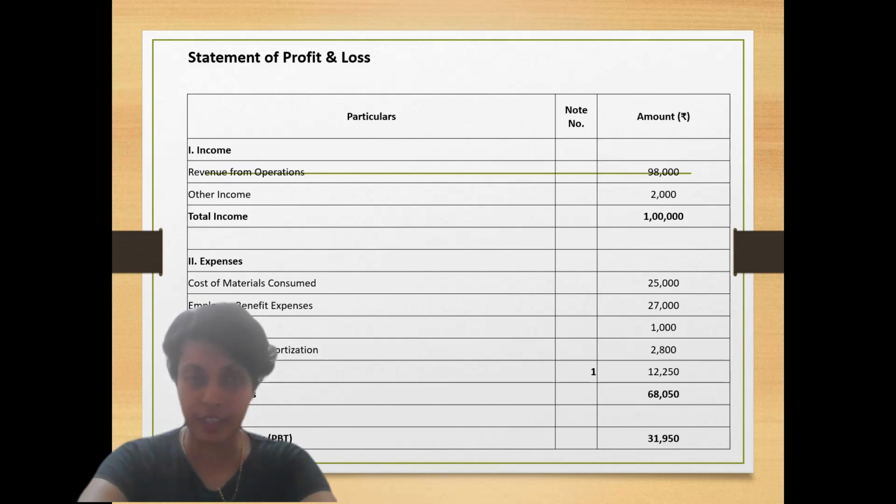When we had only one income that we included, then we got the total income. From the total income, all other expenses under these particular heads, that is cost of materials consumed, employee benefits, finance cost, depreciation, other expenses, then what we get is the total expenses. Then total income minus total expenses, what we get is the profit before tax.